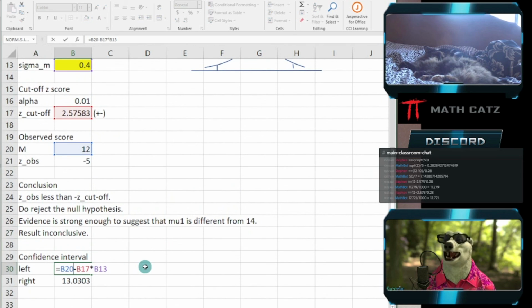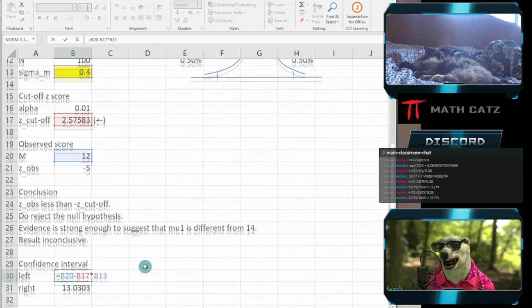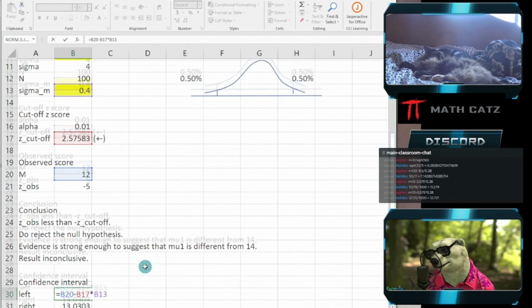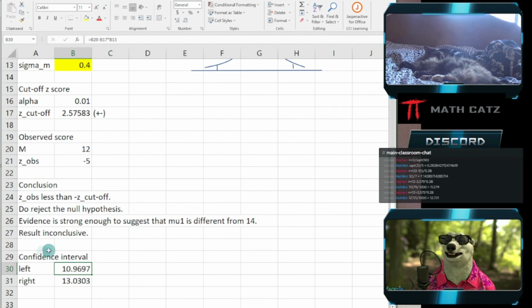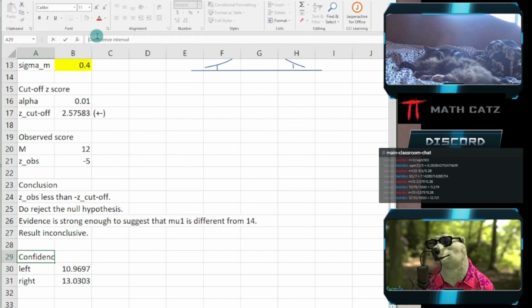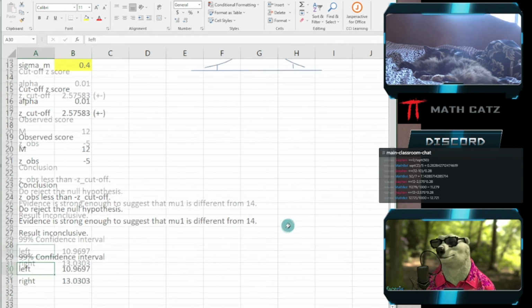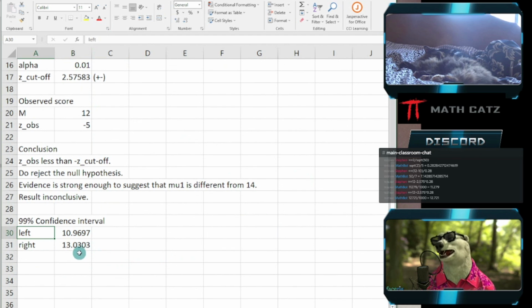Confidence interval, let me check. It updates automatically. That's the beauty of it. I'm building it around 12 with this updated sigma. Same z-scores because my alpha was the same for my confidence interval. Let's write that maybe here. 99% confidence interval. Left and right.